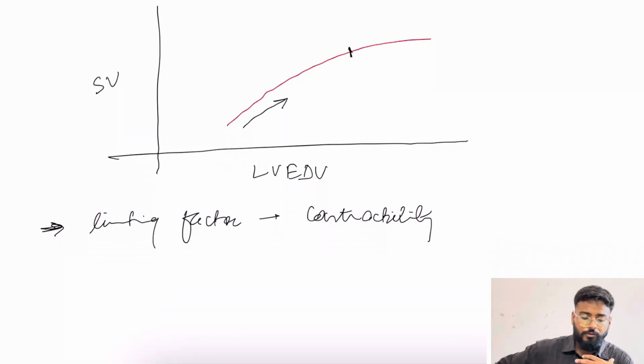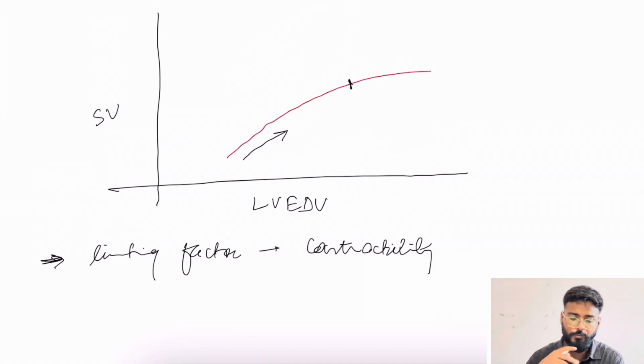So whenever we increase the left ventricular end diastolic volume, the stroke volume is going to increase, but beyond a certain extent the relation is not linear anymore. So what is the application of this?